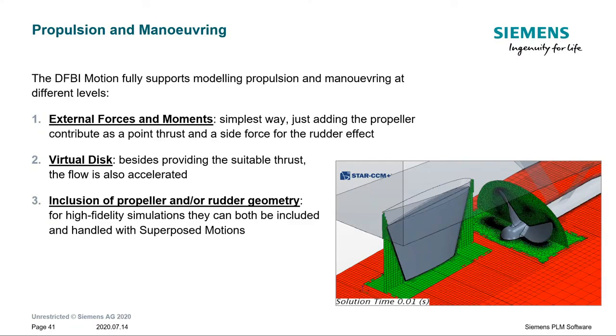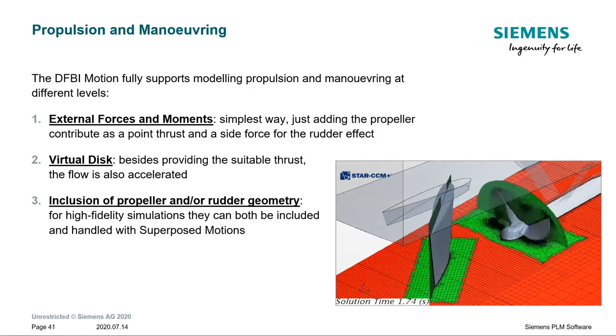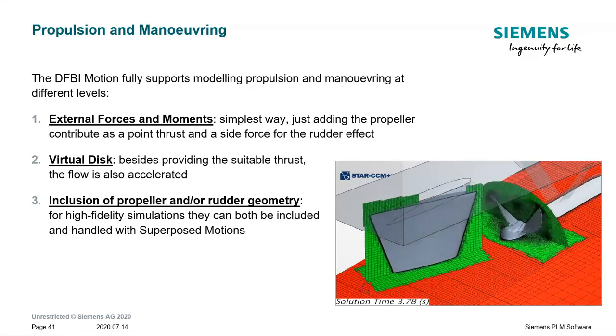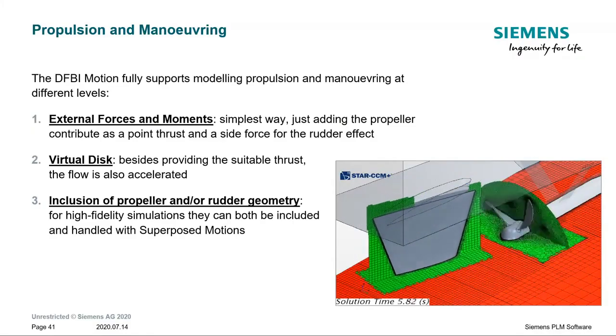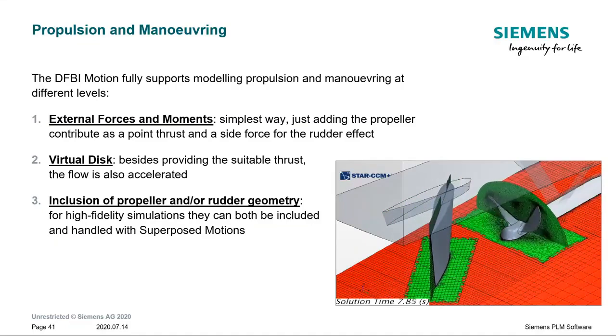And it works based on the characteristic curve of the propeller, which is given as input. However, it's also important to note that if you really want high accuracy, you can also include the actual geometry of the propeller and of the rudder, and follow their motion thanks to the definition of superposed motions. This is allowed by the DFBI framework of StarCCM+.